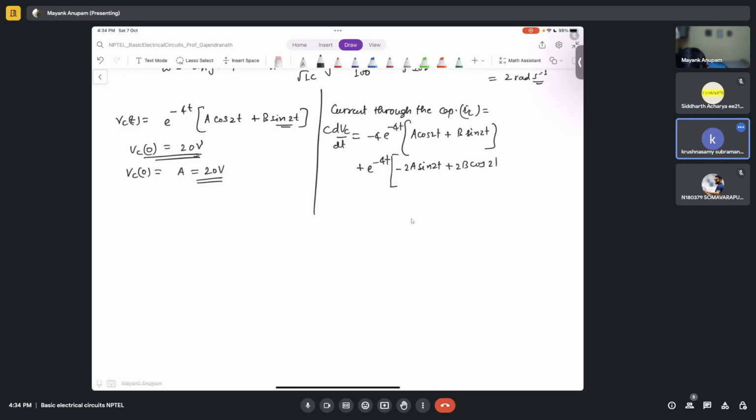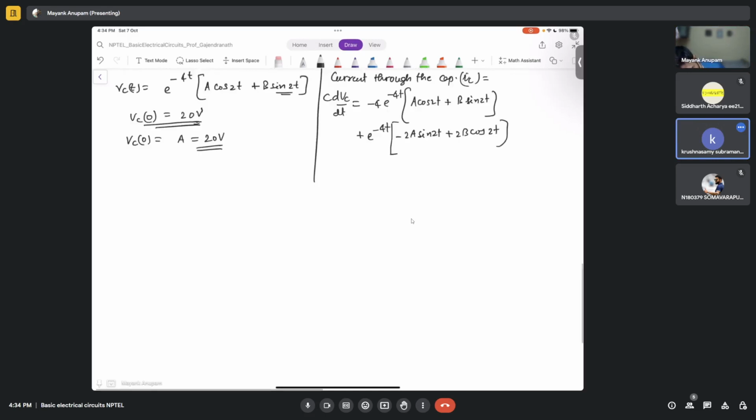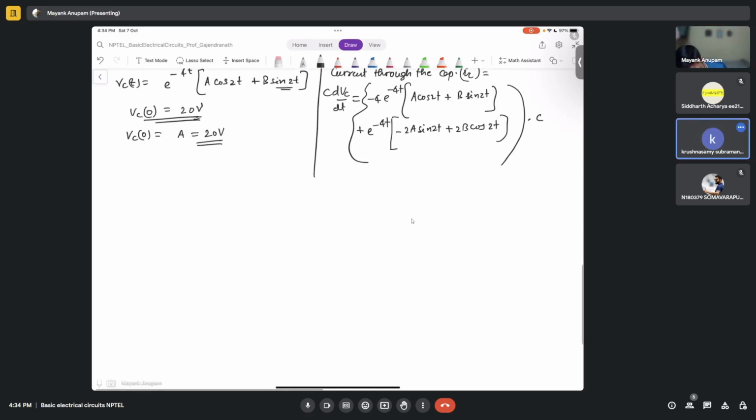And overall this will be multiplied with C, right? This is C dVc by dt, the current IC.